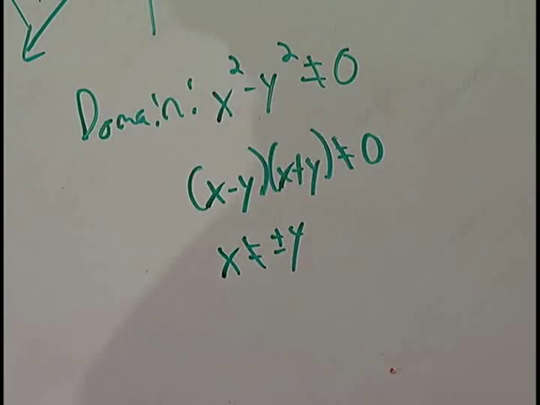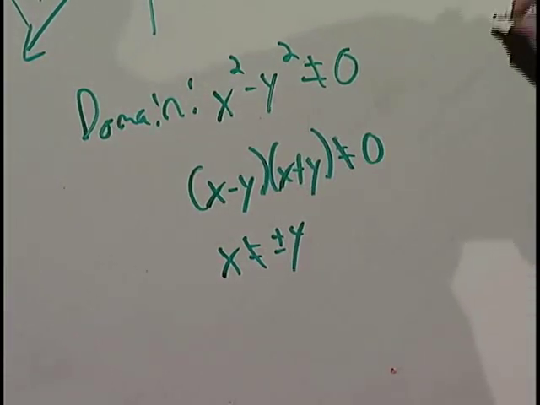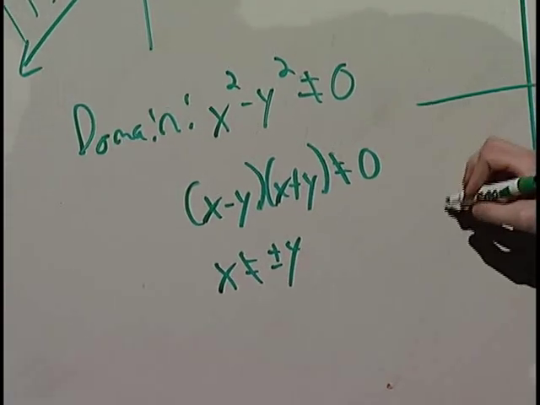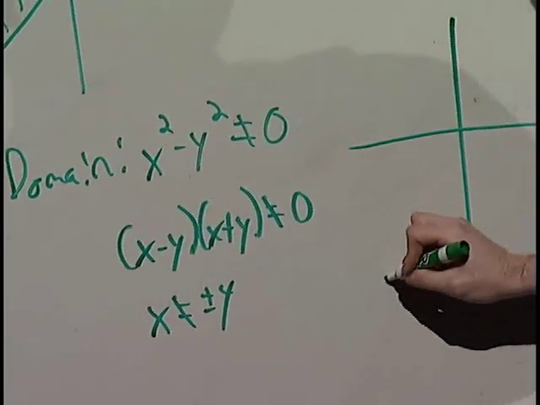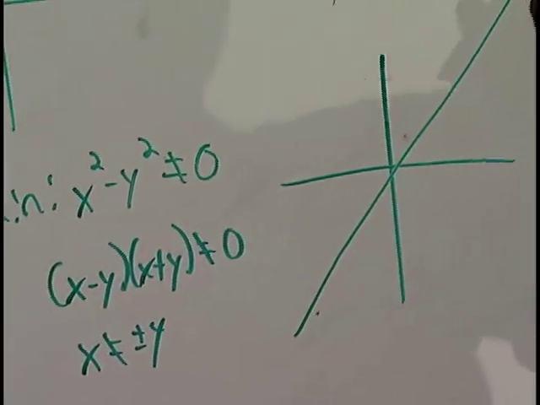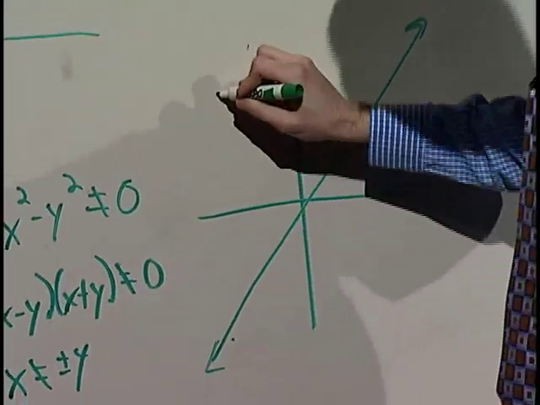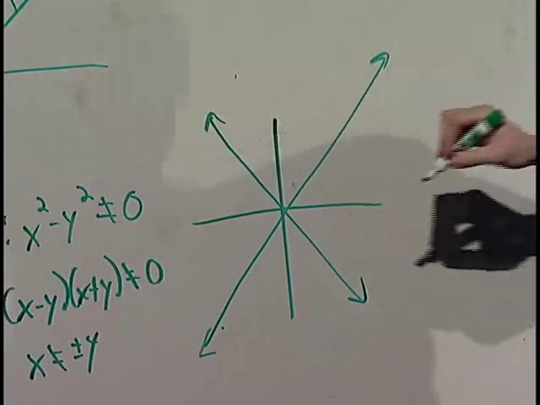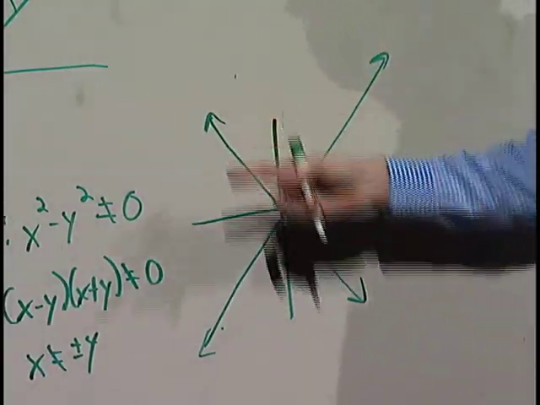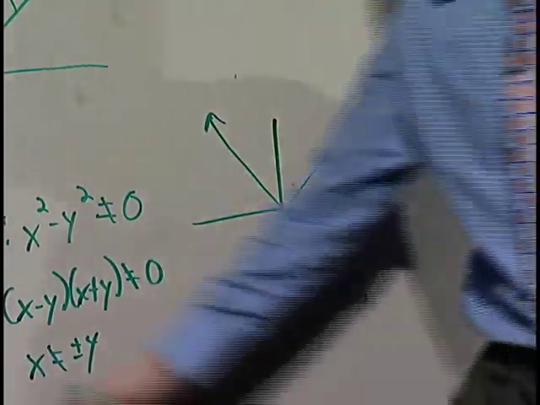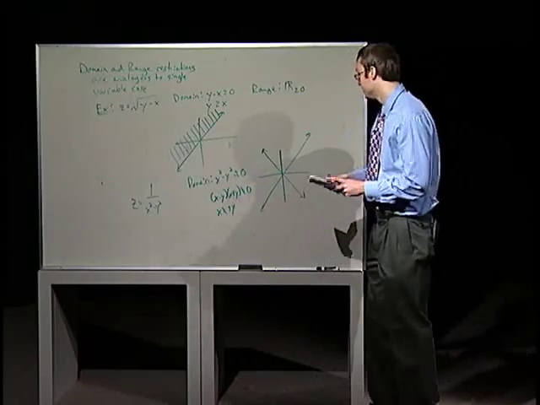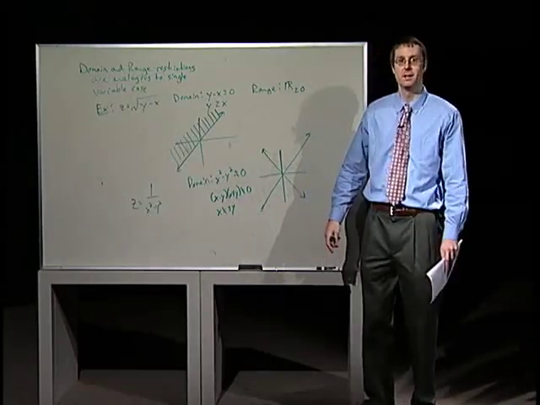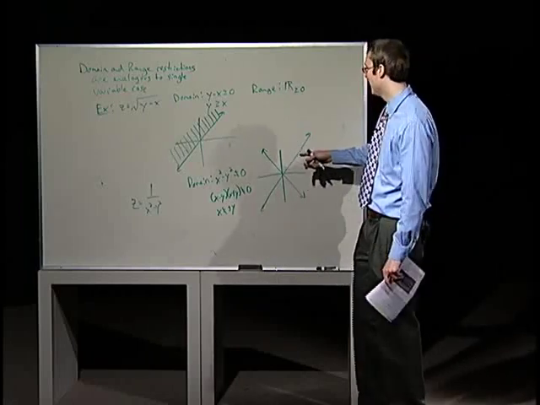So the line y equals x looks like that. The line y equals negative x looks like that. In either one of those cases, we have a problem down here. We can't have those. So those lines are the only lines restricted from our domain set.